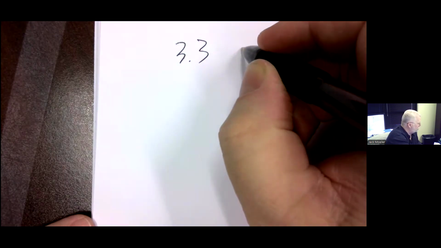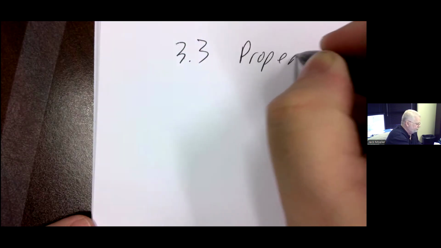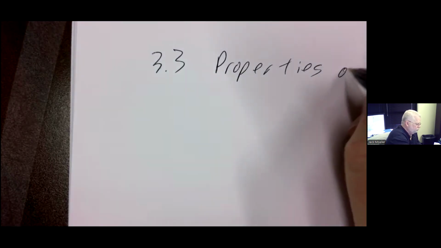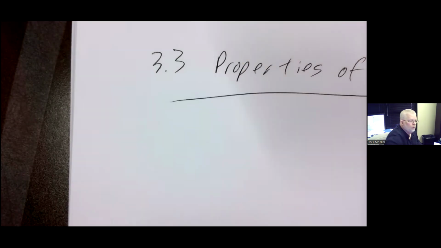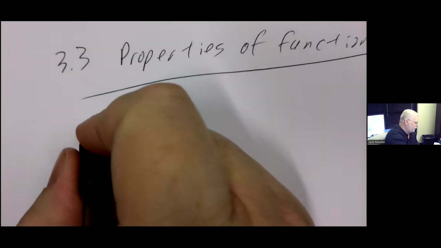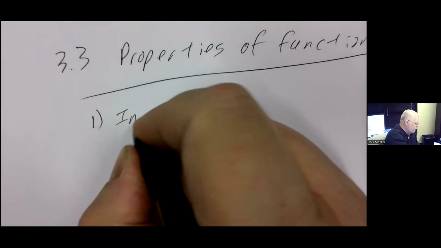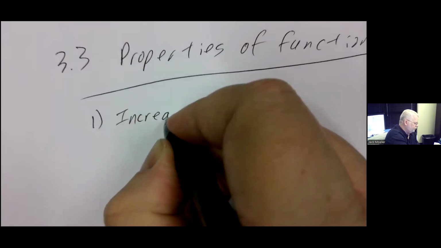Now, before we get started, let me just outline the three topics we're talking about. So 3.3 is properties of functions. The first property we're going to be talking about is increasing, decreasing, and constant.